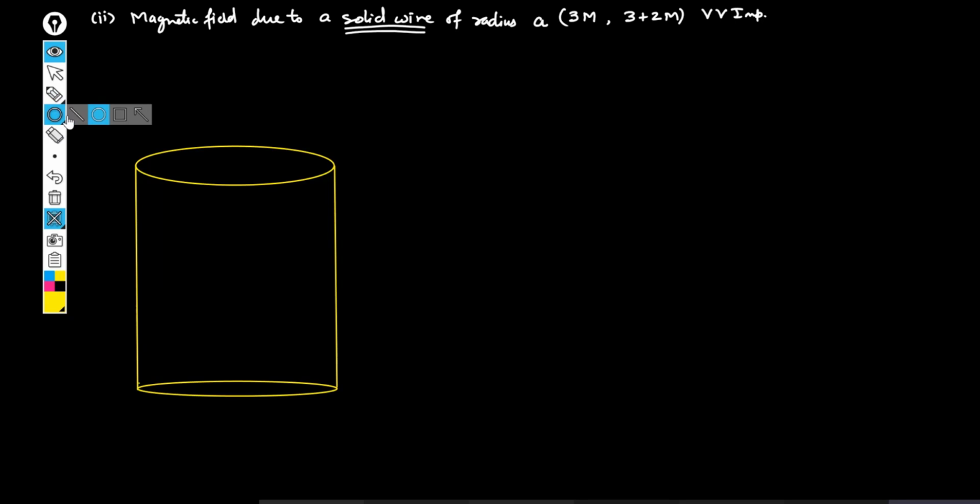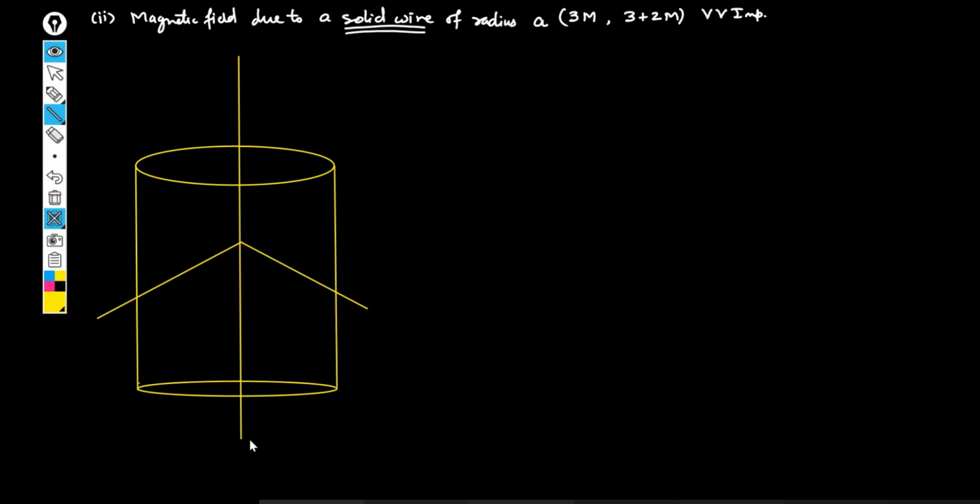Now let's say in this wire I amount of current is passing, and there will be 3 different situations where we have to find the magnetic field. Let's say it goes from minus infinity to plus infinity, and the radius is given here, which is A. The total amount of current here is capital I.